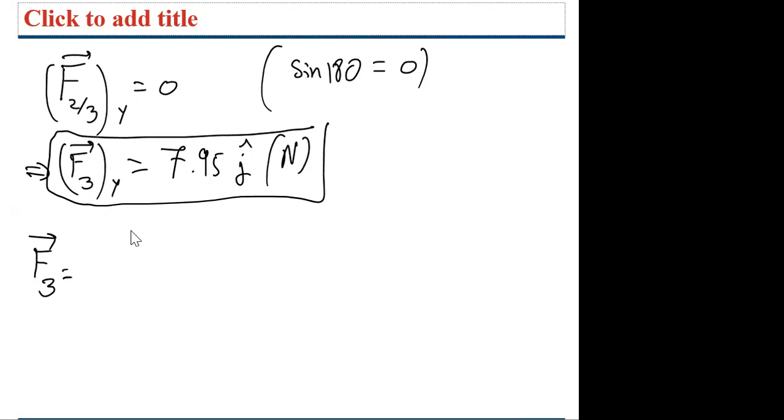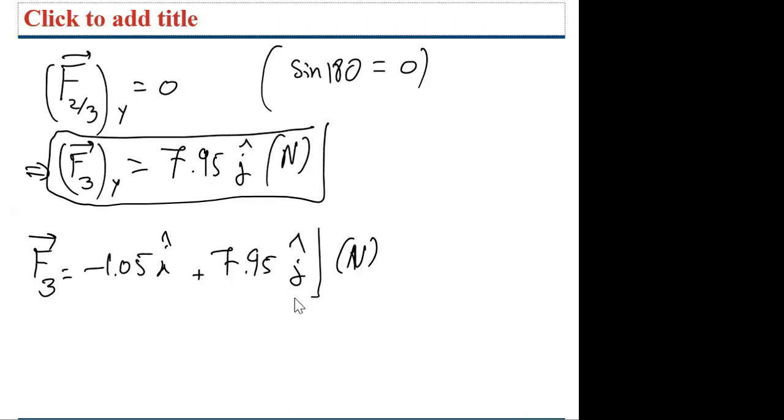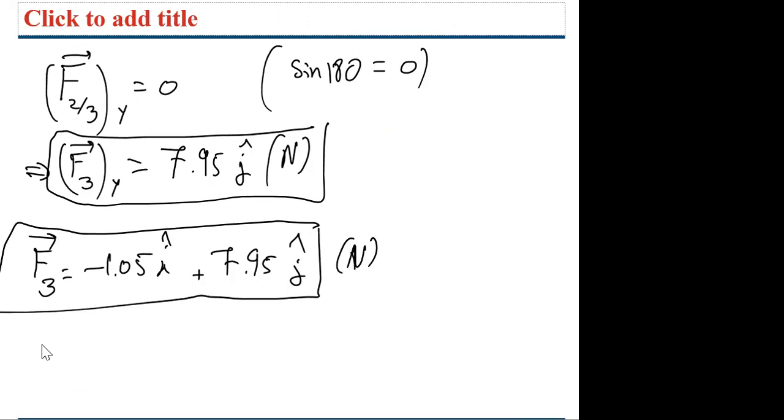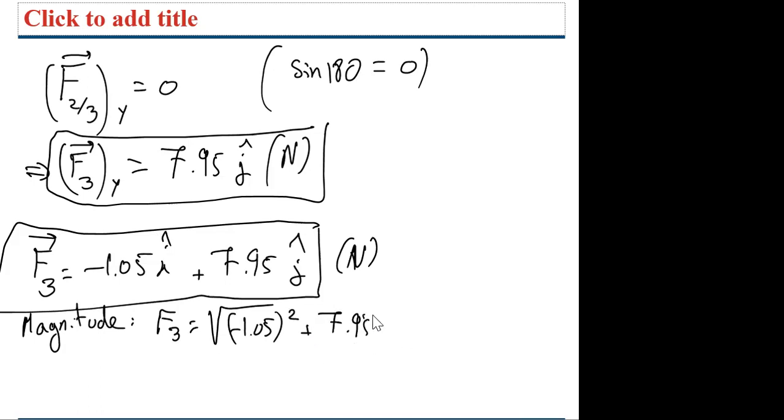So f3 as a vector will be the sum of these two components: negative 1.05i plus 7.95j. This is our vector. We are done with this vector. Now let's calculate the magnitude of this vector. f3 equals the square root of minus 1.05 squared plus 7.95 squared.